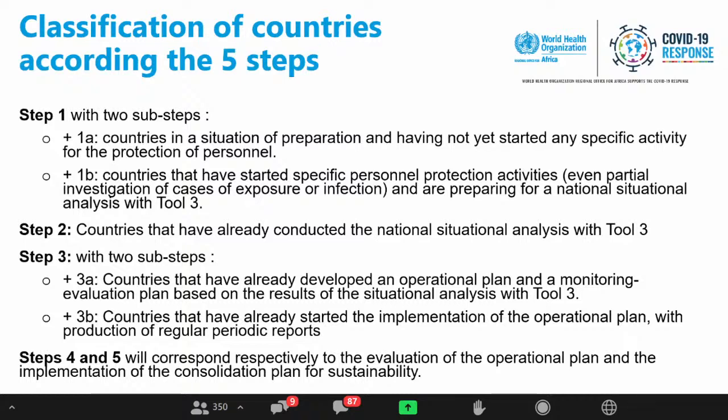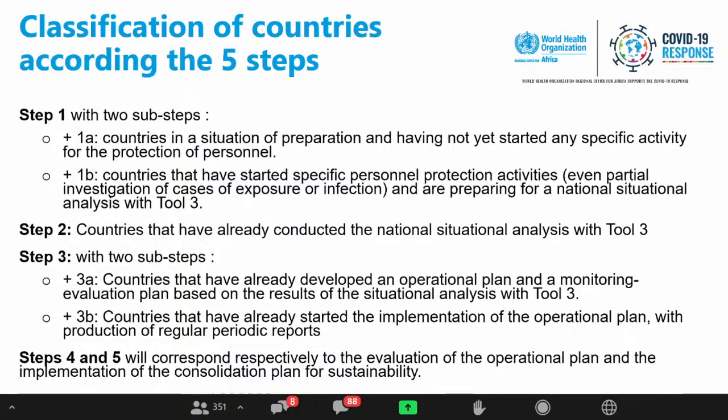But in reality, it will be very difficult to distinguish 1A and 1B because many countries will say we have started something, etc. So it's very difficult, particularly in English. On the other hand, it is very easy to distinguish step 2, because step 2 is for countries that have already conducted the national situational analysis with tool 3.